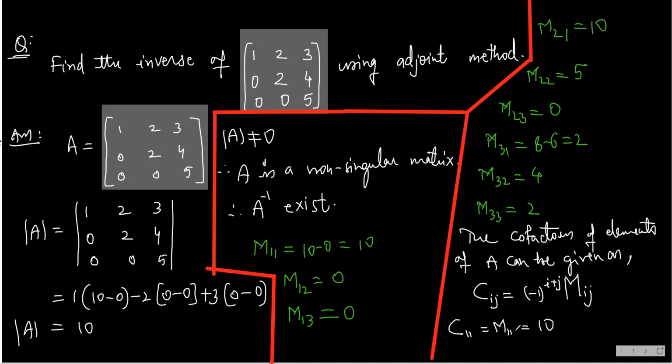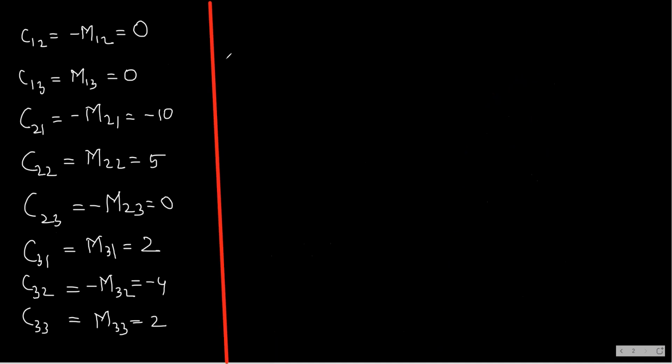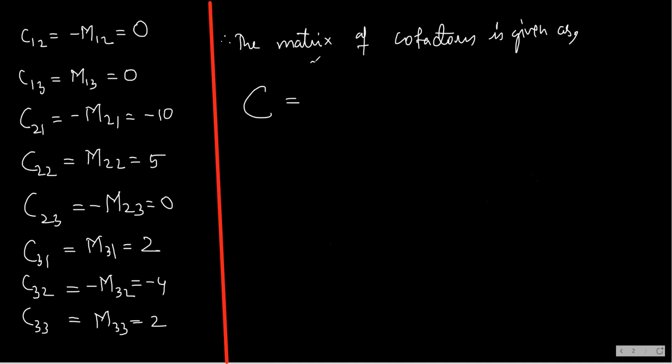Now see, after this, what will I do? I got all the cofactors. I will write therefore the matrix of cofactors, which you write as C. You will write all the cofactors here.